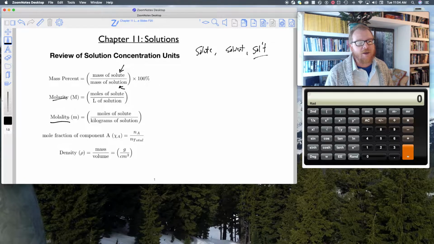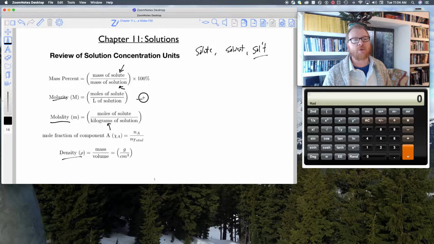So molarity and molality are just slightly different, okay? Molarity is moles of solute per liter of solution. Molality is moles of solute per kilogram of solution. So to convert molarity to molality, we need the density, okay?